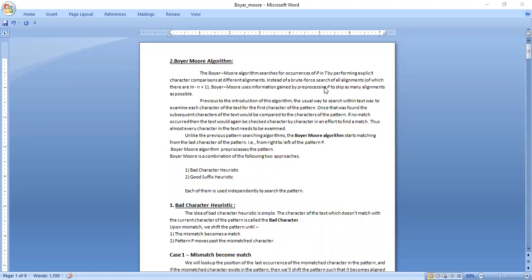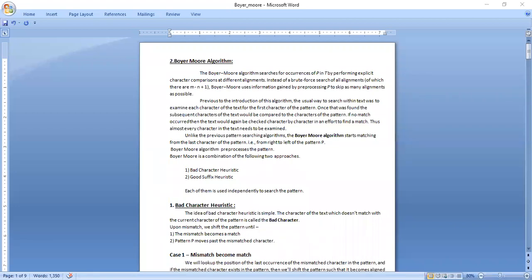Instead, in brute force, we searched all the alignments in the text, character by character. But in the Boyer-Moore algorithm, we are not going to follow the same process. We are going to skip some shiftings. How? We'll see further.